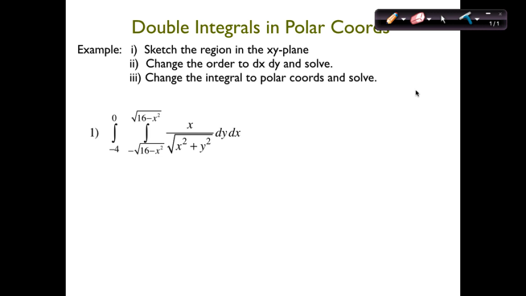Then I want you to change the order to dx dy. And then I want you to change the integral into polar coordinates. And then we're going to solve the integral. We've got 8 minutes. Okay? So we don't want to get bogged down on the sketch and part 2, but we do want to do those, but we want to make sure we have enough time to get to the polar coordinates. So try to work efficiently.